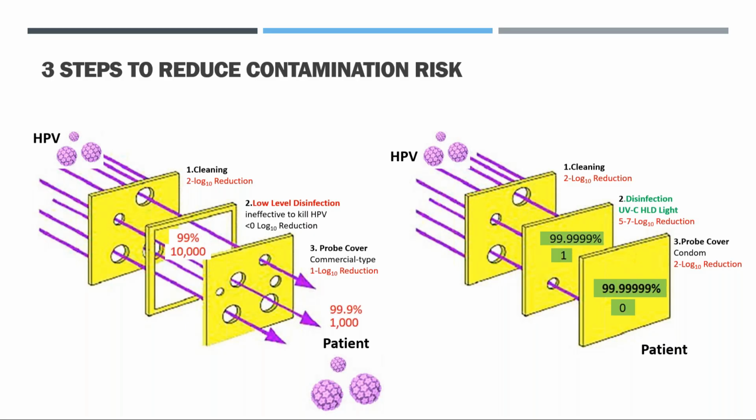Whereas on the right, if you use a high-level disinfection, such as with ultraviolet light, you're adding cleaning 2 logs, which is really 2 to 4 logs in many cases, disinfection 5 to 7 logs, and then additional protection with a probe cover, which really gives you a 0 risk for the patient.